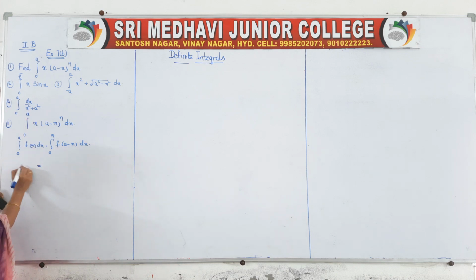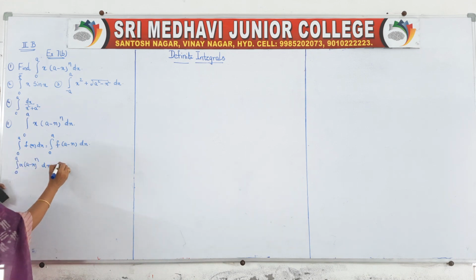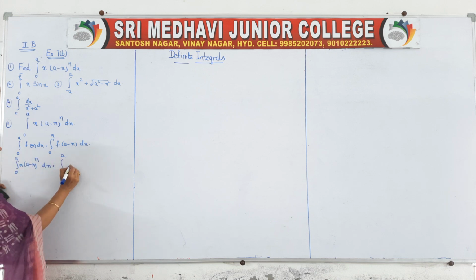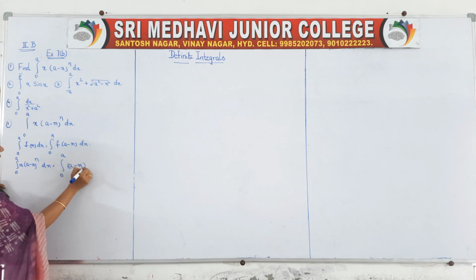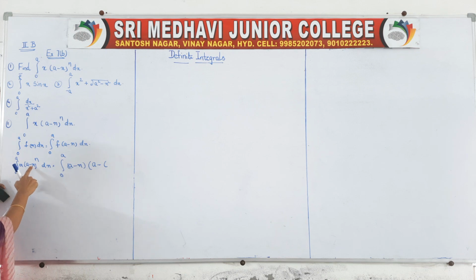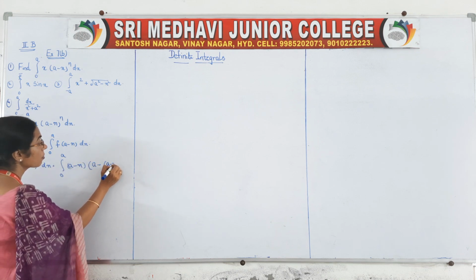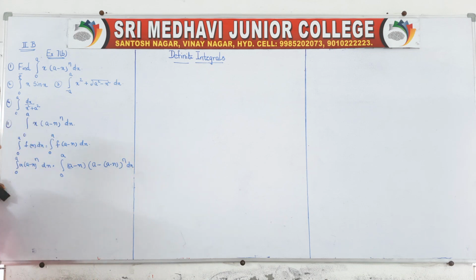In place of x, here it is a minus x, right? So a minus x into a minus of, again where x is there, in its place a minus x, whole to the power of n into dx.